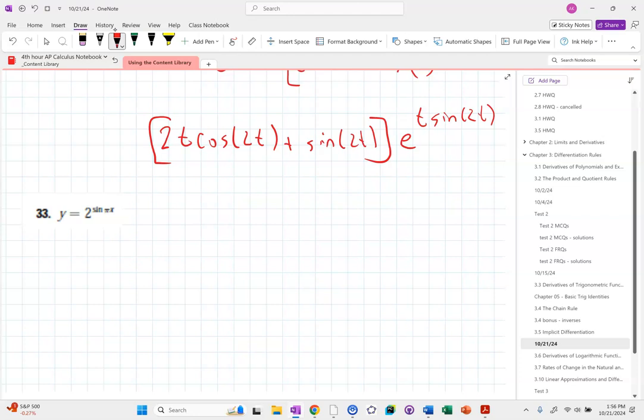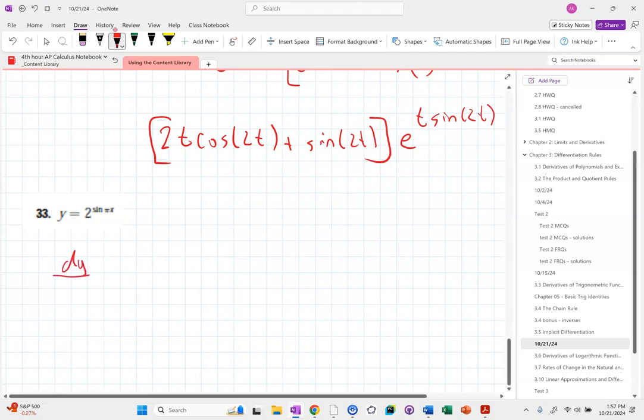My outermost function is 2 to the x, and then the inner function of that is sine pi x. But that's also a composition. The outer function on that is sine x and the inner is pi x. So we'll start by doing the derivative of the outside, which is, again, using that same rule from Addie's question that we started with, 2 to the x natural log 2.